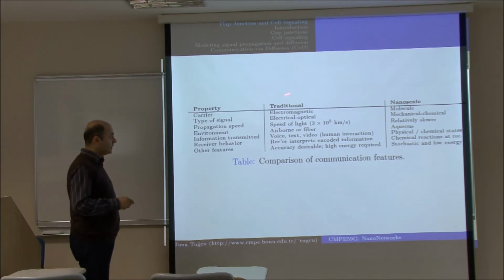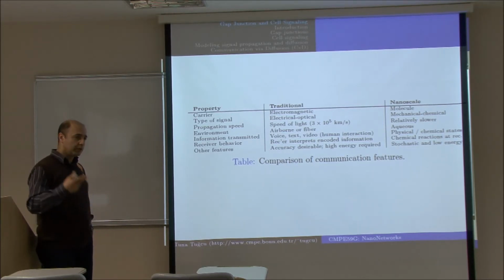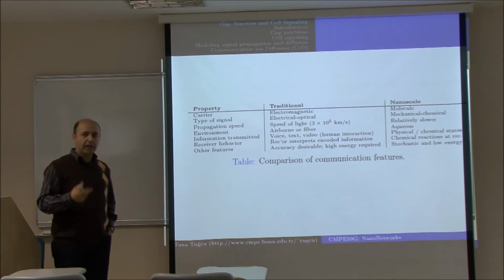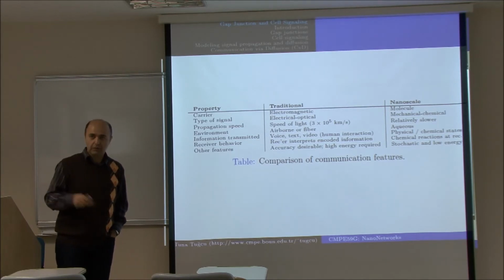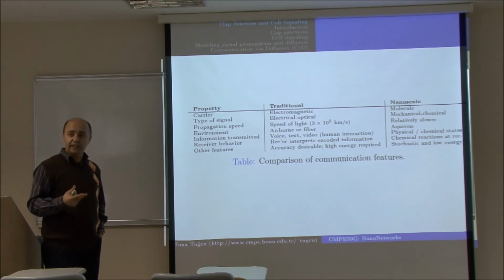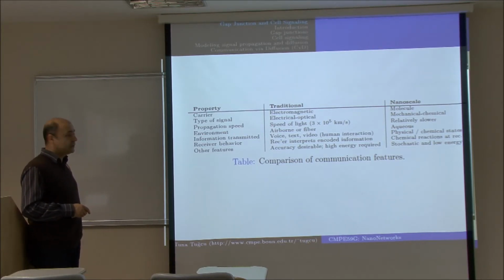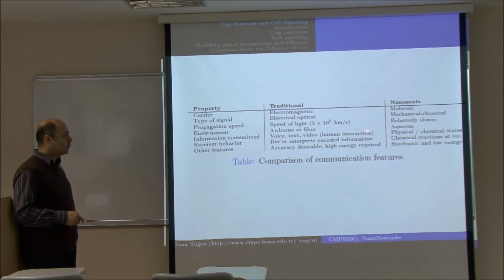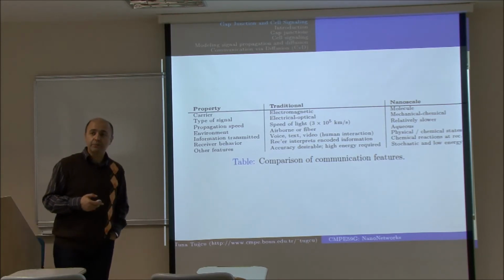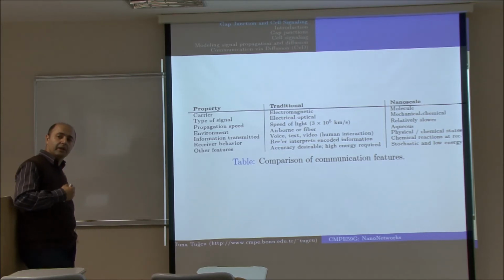The environment in the case of traditional networks is either airborne, or fiber or copper guides. Whereas in nanoscale networks, we're talking about the aqueous environment between the cells, for example. For the information being transmitted, in traditional networks, the aim is to provide interaction between humans, or between a human being and a machine.